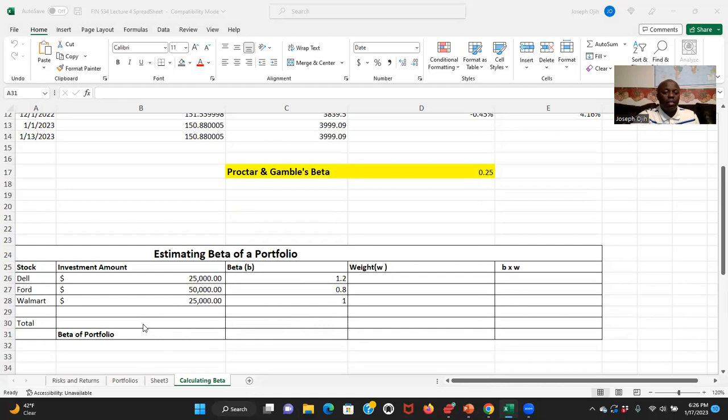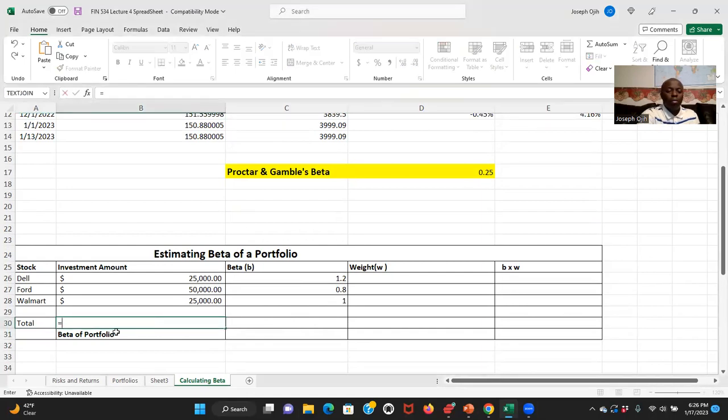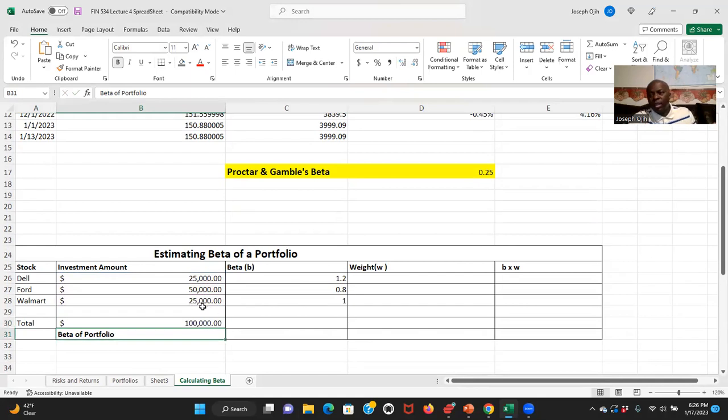Total amount invested is equal to adding all these three: this plus this plus this, and press the enter key. That'll give us the total investment. With it, we can get the weight of each investment.